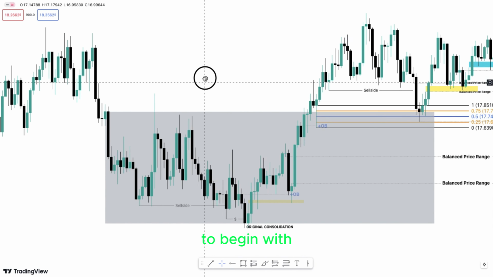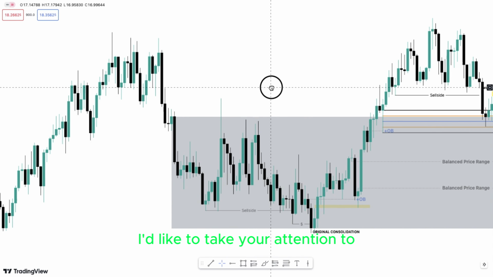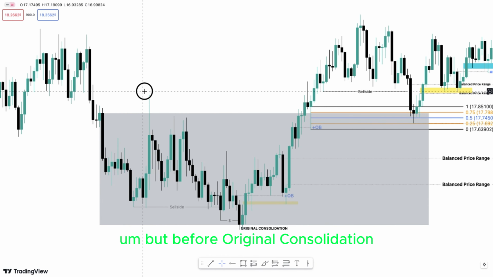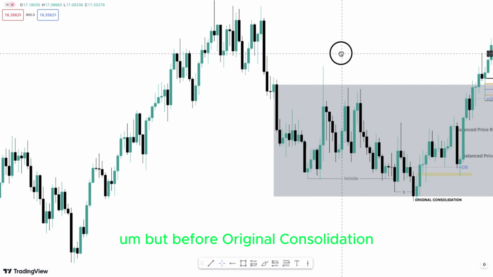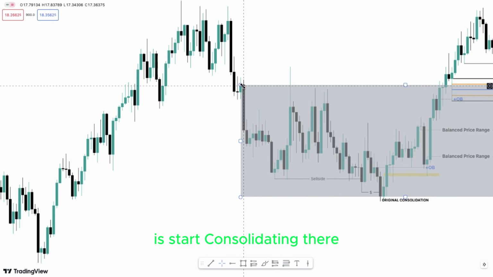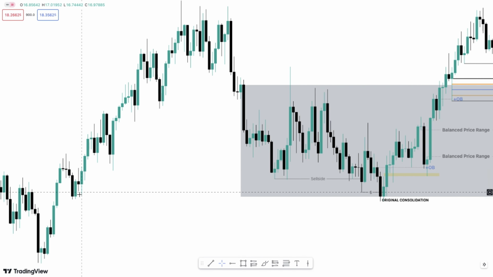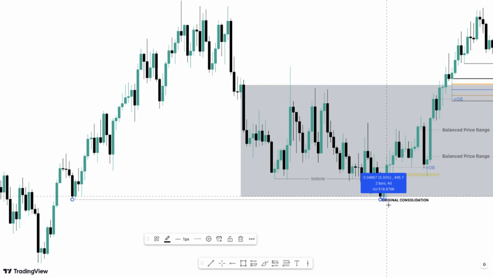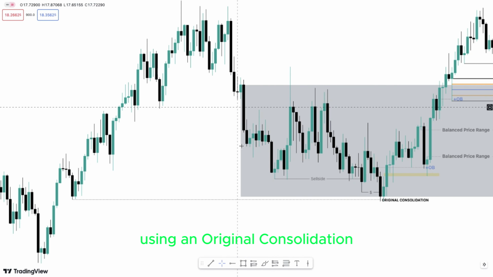Obviously, to begin with, I'd like to take your attention to the original consolidation. Before the original consolidation, can you also take note that it starts consolidating there while attacking this low. Can you see that? So it attacks this low using an original consolidation.